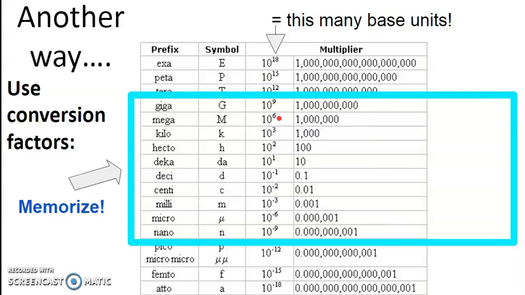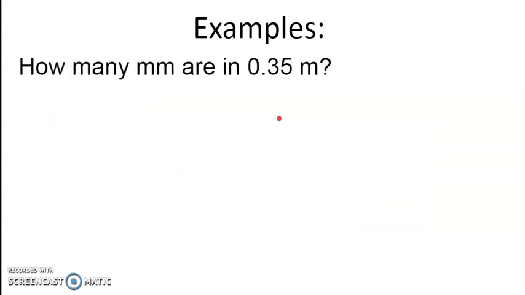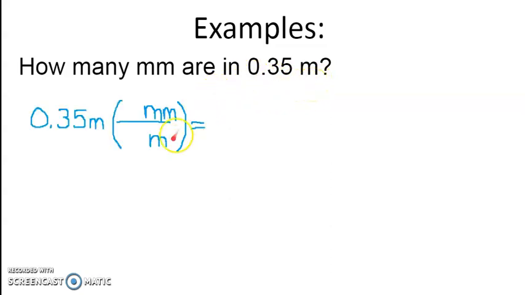Generally, on the AP exam, they'll give you a lot of the conversions, but they really expect that you know how to use the metric system. All right, so let's start with some examples. How many millimeters are in 0.35 meters? All right, so we're starting with, here's what we know, 0.35 meters, and our conversion factor is going to go between meters and millimeters.